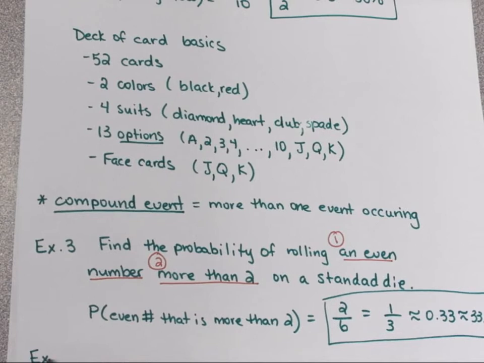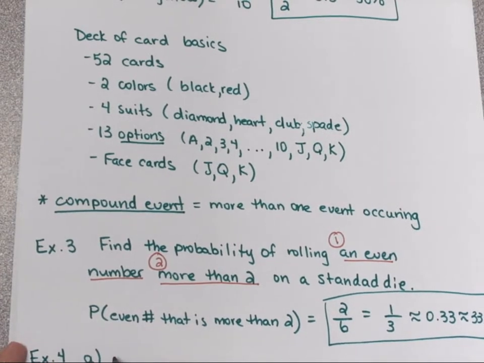So let's look at another example that maybe uses cards this time. So I want you to find 2 probabilities. The probability of a black diamond in a deck of cards, and then maybe skip a space, the probability of a heart or diamond.